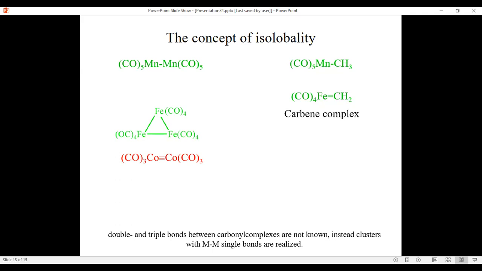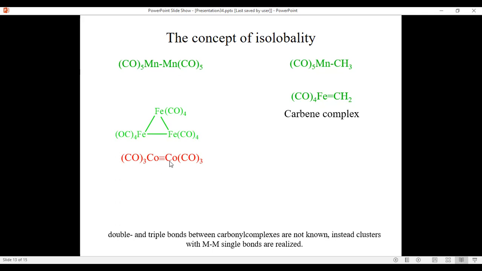Well, that's just 18 minus 15, and that's 3. So we could imagine that 2 isolobal Co(CO)3 fragments make a dimeric molecule with a cobalt-cobalt triple bond. But again, nature doesn't realize this possibility.